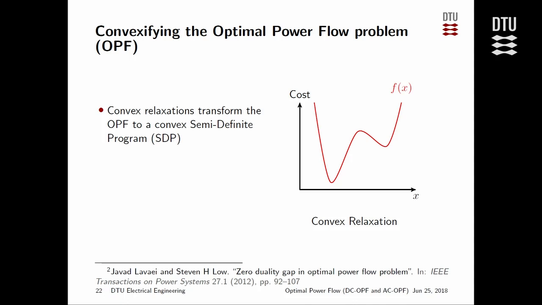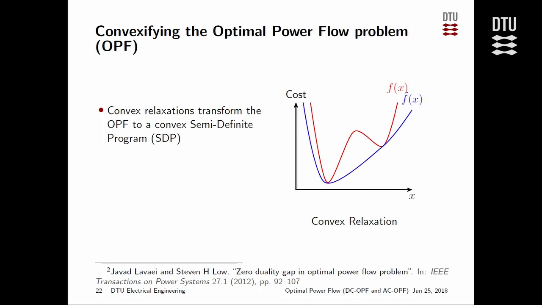And the convex relaxation is trying to put an envelope around that, so relax the problem, but in a way that the global optimum of the relaxed problem coincides with the global optimum of the original problem. One thing is to relax the problem, but the main challenge is to find a relaxation that is actually exact. By exact, we mean that the global optimum of the relaxed problem is the same as the global optimum of the nonlinear original problem.